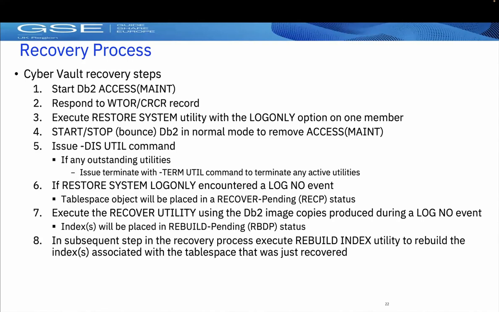If there are any objects in recovery pending or rebuild pending because of a log no event, then you have to go back and recover them and rebuild the index. So hopefully that's not as big, but you have one pass through the log for everything but a log no event, and then you have some subsequent steps you need to take if there was an online reorg or a log no event with a load.